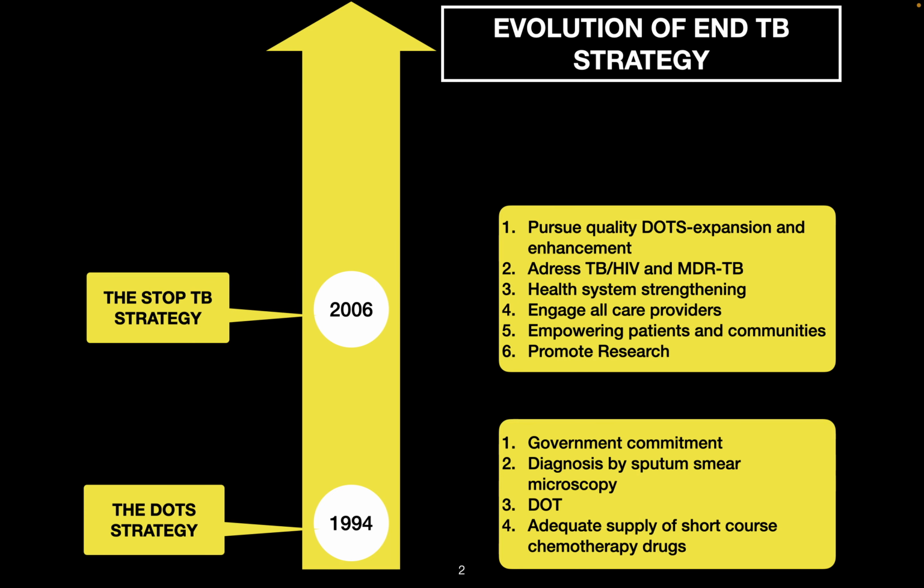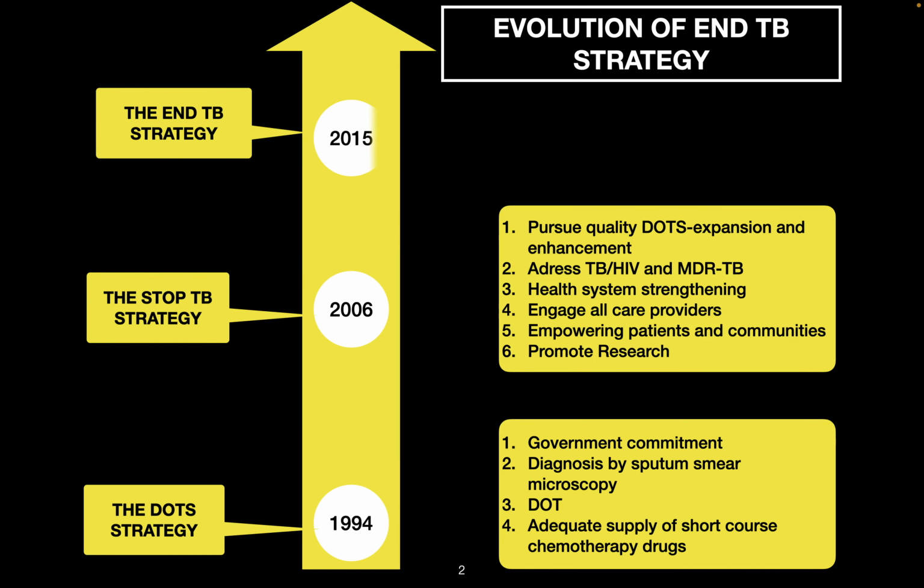Now to have a holistic approach, we also want our health system to strengthen. We need to engage all care providers, and we want to empower patients and communities, and research, as we all know, we need to promote continuously, and it should be an ongoing phenomenon.